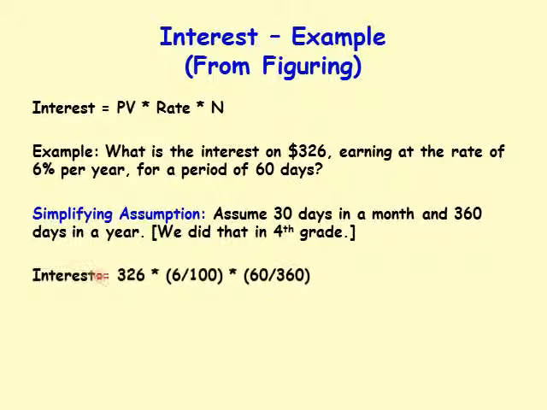Let's continue here. Interest is 326, so many are the principal, and 6% is 6 divided by 100. Remember that when we say percentage, it has the implied denominator of 100. In this expression I explicitly state that 100 is the denominator.